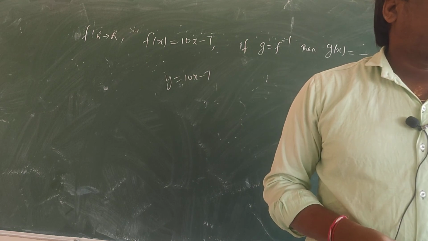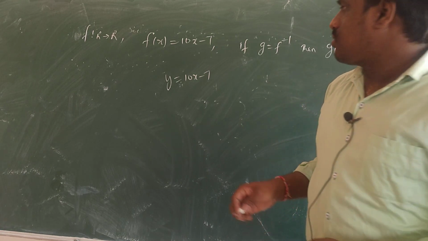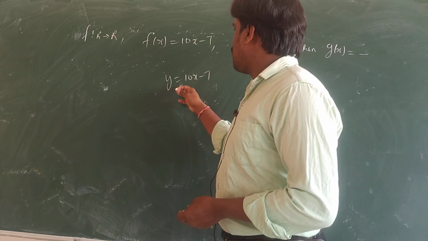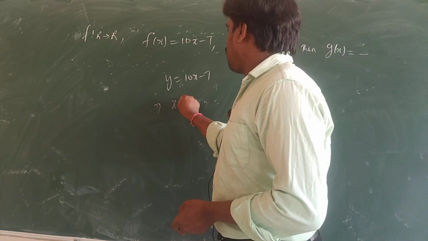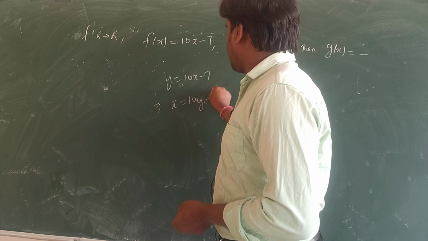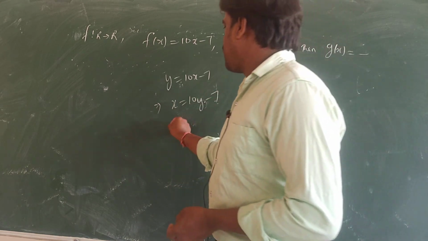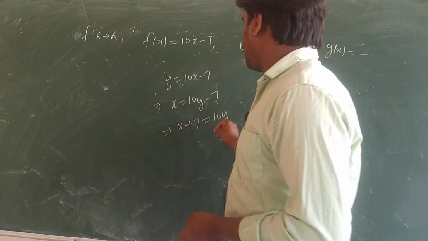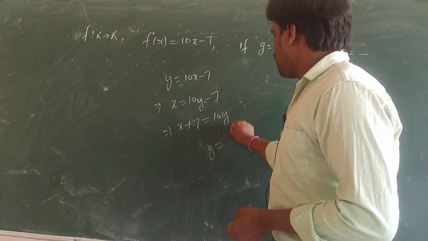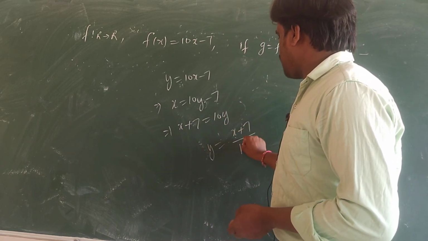I have to find f inverse, so make y the subject. Replace x as y and y as x. So x is equal to 10y minus 7. So you get x plus 7 is equal to 10y. So y is equal to x plus 7 by 10.